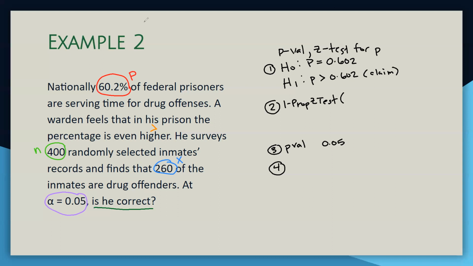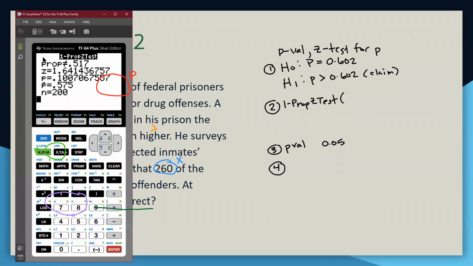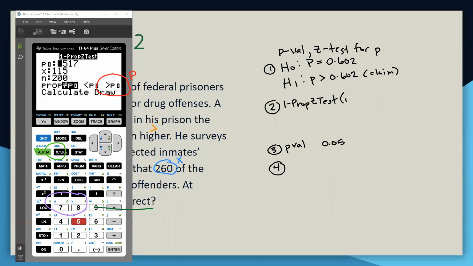So again, we're going to go ahead and pull up our TI-84 and start popping in values. So we're going to go STAT, TESTS, option 5. And then we know we need p naught, so 0.602. We need x, which is 260.